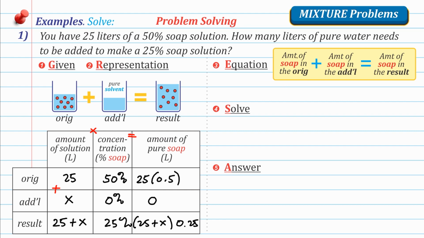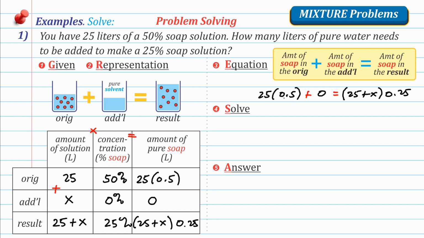So, substituting, the amount of soap in the original is 25 times 0.5 plus the amount of soap in the additional, we know is 0, equals the amount of soap in the result, which is this one. So, let me copy. We have 25 plus X times 0.25. Now, this is the working equation which we need to solve.